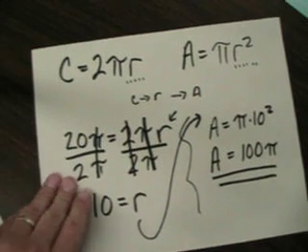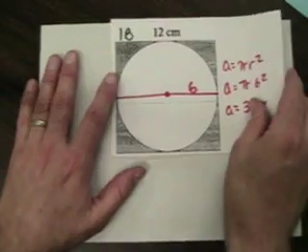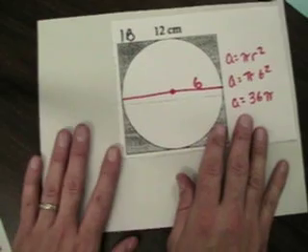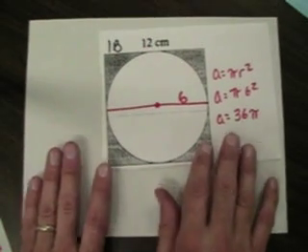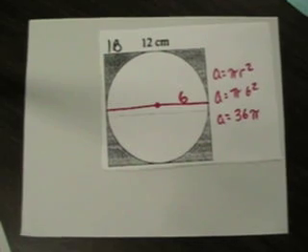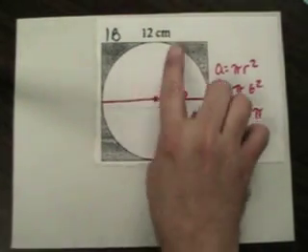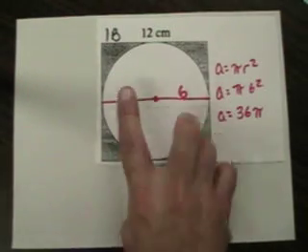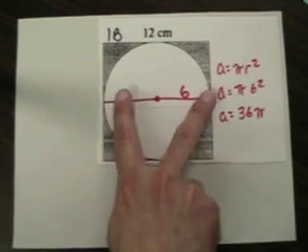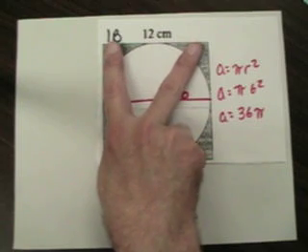And I've already kind of used some properties here to solve this. What I've done is I've used what I know about squares and what I know about circles. Well, this diameter is going to be the same as the side of the square.